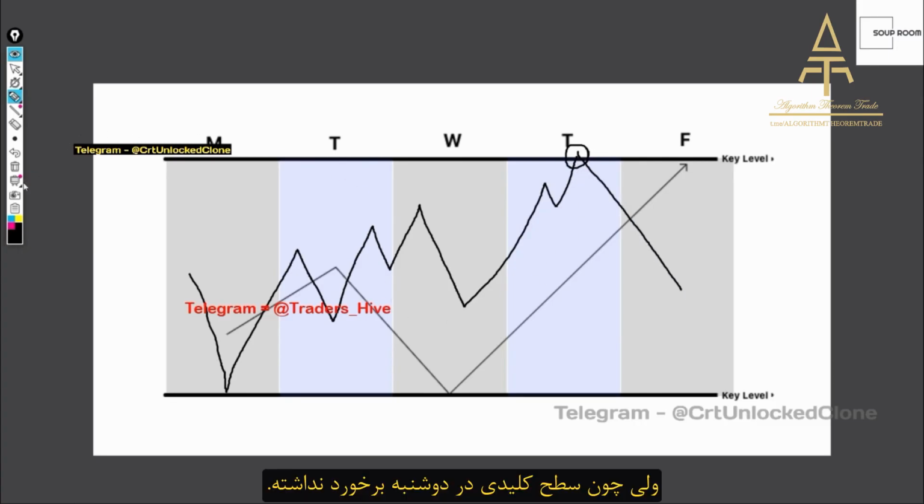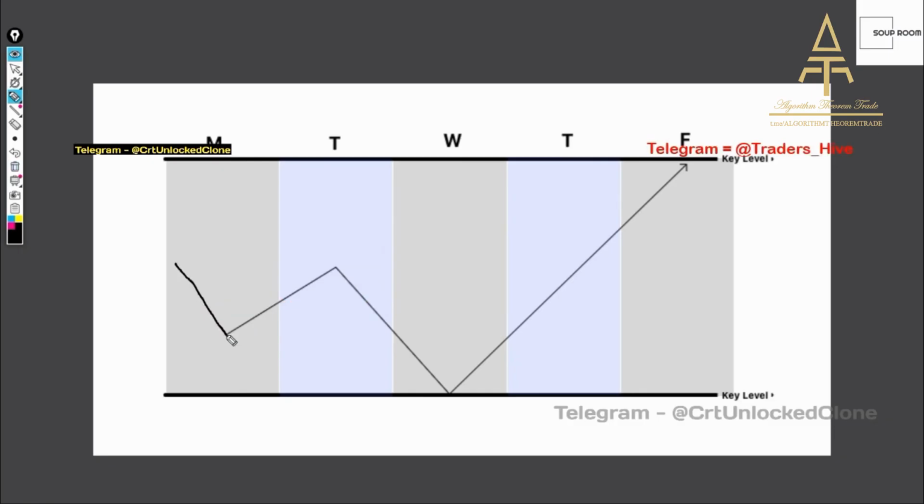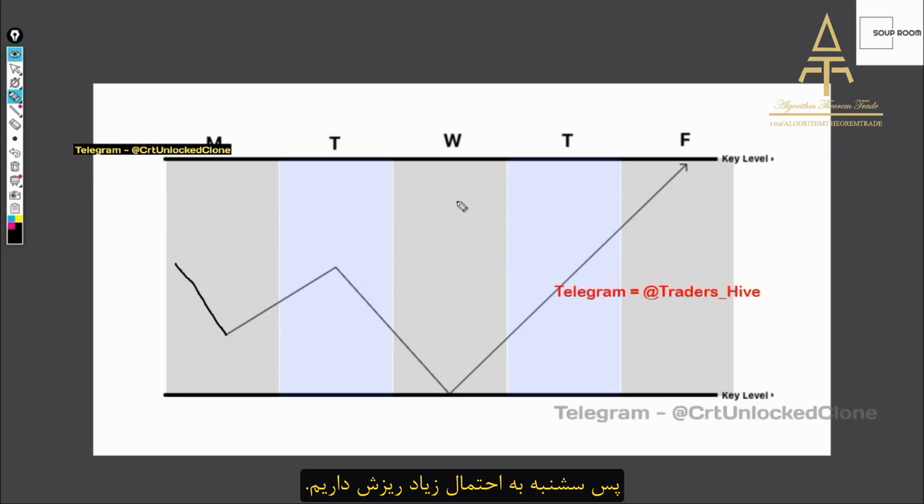Okay? Since the key level was not hit on Monday as we expanded lower, we now know that Tuesday will not expand up and will likely push lower towards the key level. All right?